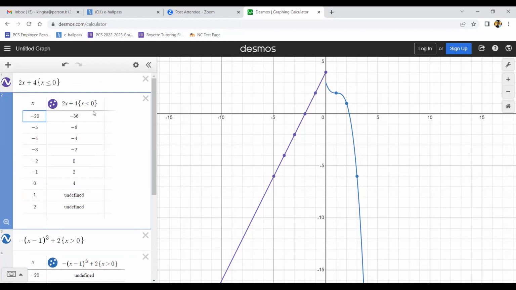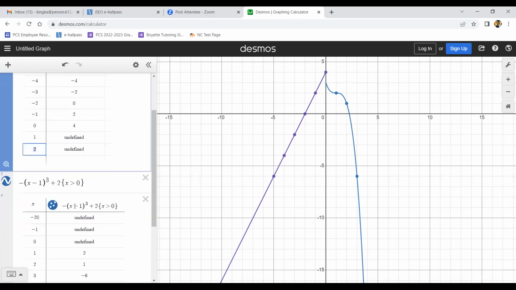What do you get when you plug in -4? -4. We're looking at this one. Okay. What do you get if you plug in 0? 4. Okay. What do you get if you plug in 2? Yeah, you don't get undefined, right? We're going to have to switch to the other table.